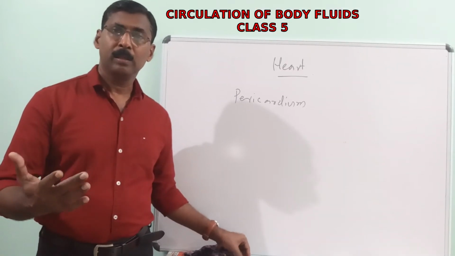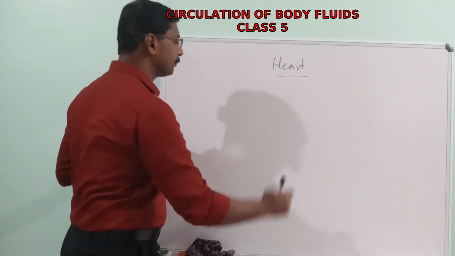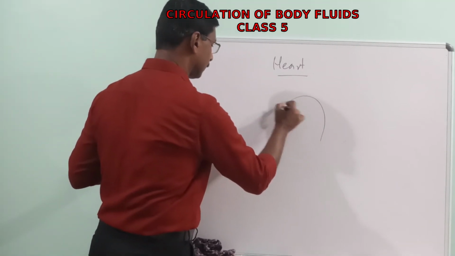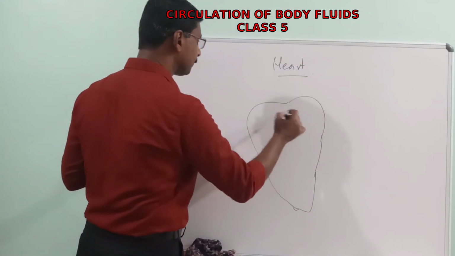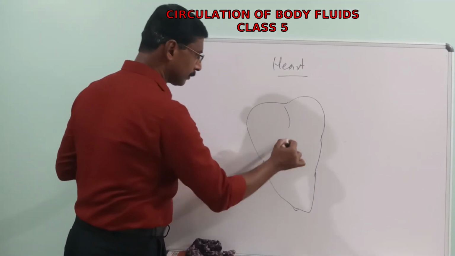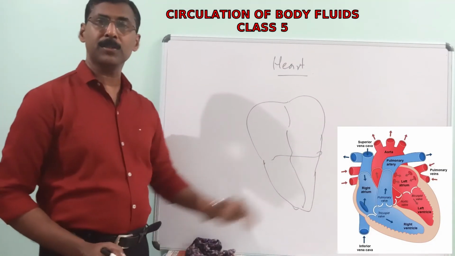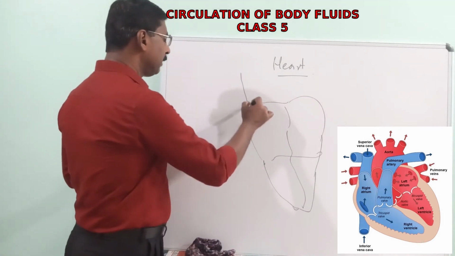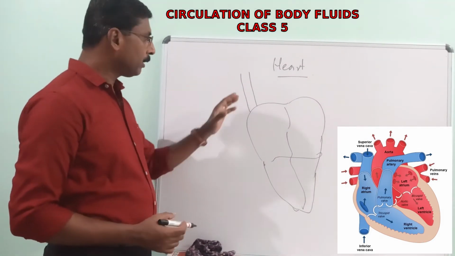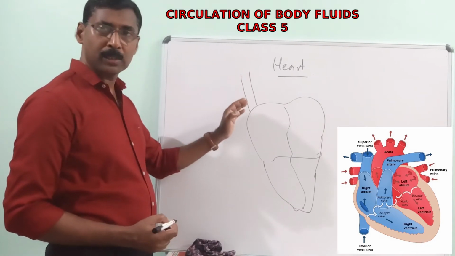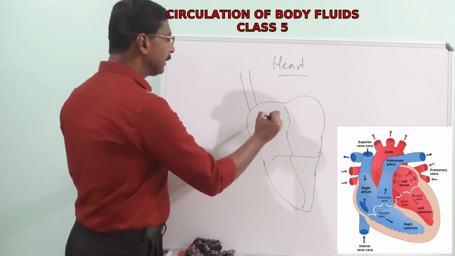You can draw the diagram here. Suppose this is the heart, this is the atria, and these are the ventricles. A blood vessel takes blood from the upper parts of the body and opens into the right atrium.